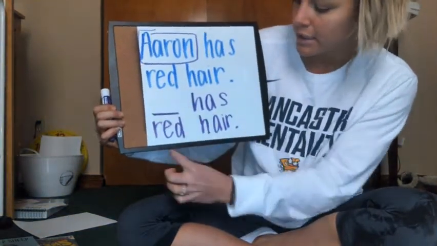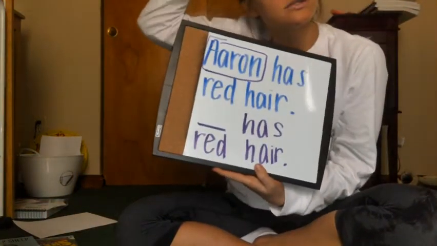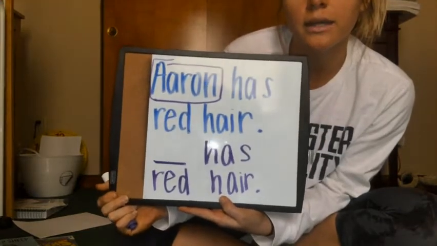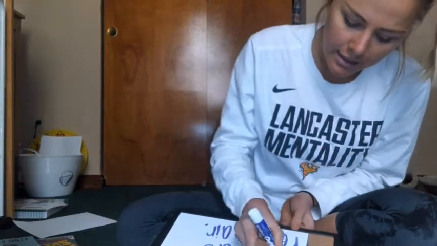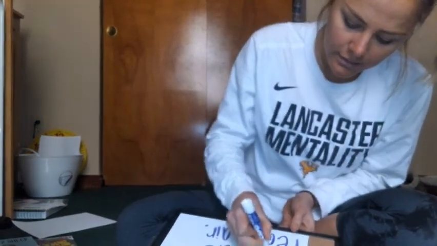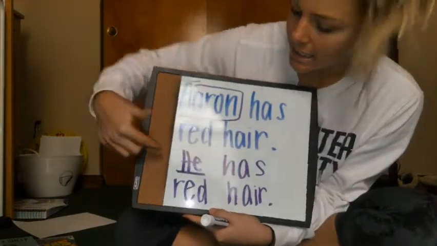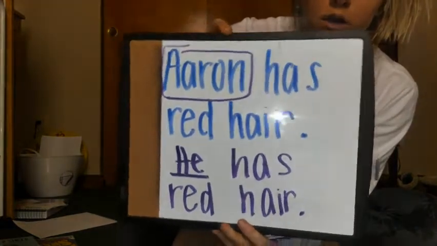I want to use blank has red hair, but I want to put a pronoun here. What would be a good pronoun to put here? What could I say about Aaron without using Aaron's name? I could use the pronoun he, because I'm talking about Aaron, and Aaron is a boy. So I would say he has red hair. It's still the same sentence. We're still talking about a boy.